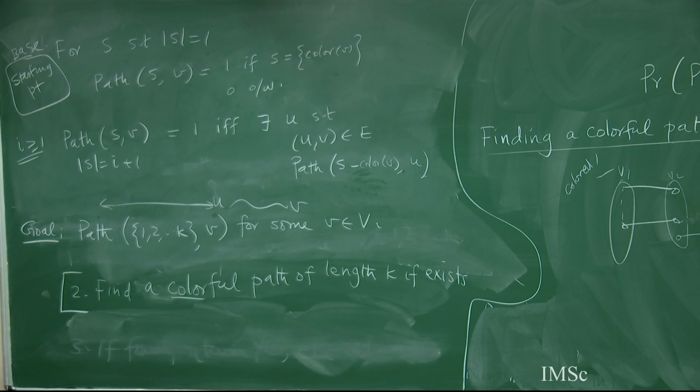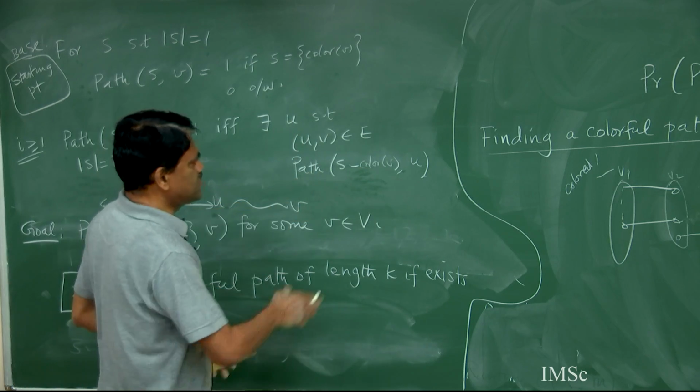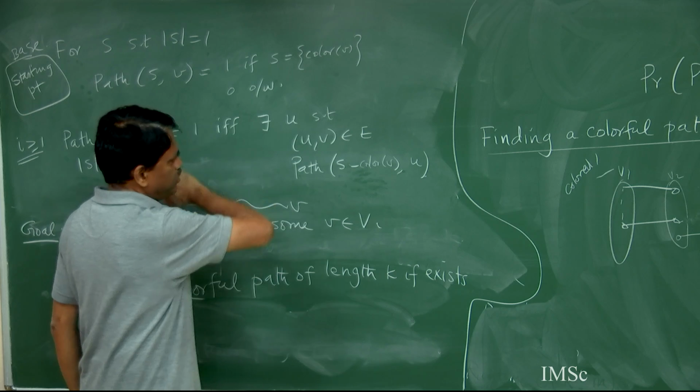So, is the algorithm clear? Start from this base case where S is a singleton set, and for smaller sets I have already computed these values. I have a way of going to the next higher sized set through this sort of recursive formulation, but this entry is already computed. So, I just plug it in and put it in, right.